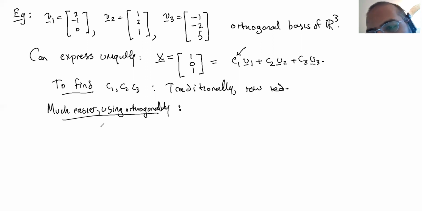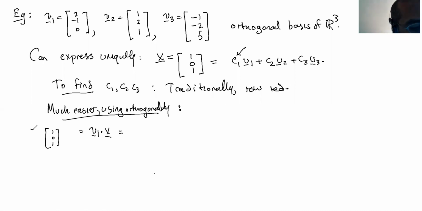What happens if I just take a dot product of both sides of the equation with U1? I have U1 dot X. On one hand, that's just a dot product of the vectors 1, 0, 1 and 2, -1, 0, which is just 2, right? So U1 dot X is 2.